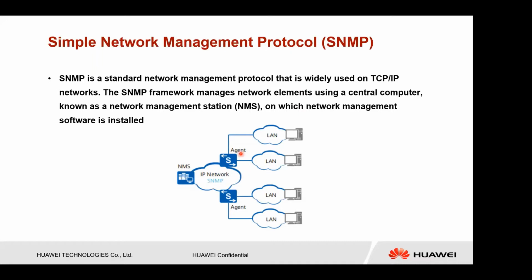After that, we have the NMS agents, the ones that we want to monitor. For example, if we have any routers or switches in the network, then we can monitor those devices. And at the end of the network, we have the end user connected to our network, which we can also monitor from our network monitoring software.